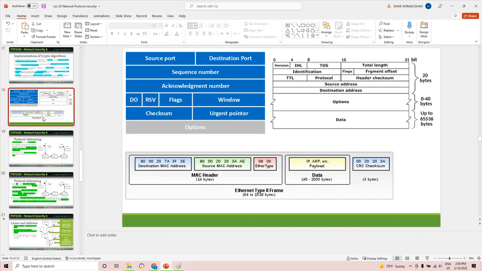There are many addresses. This is the IPv4 header. Students, actually there are three headers.